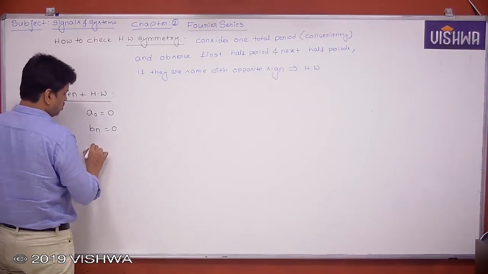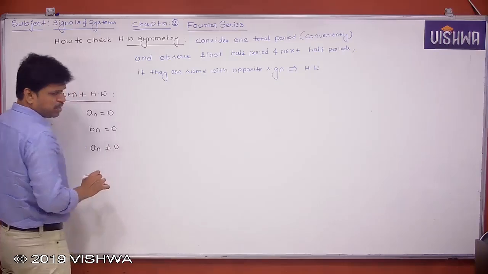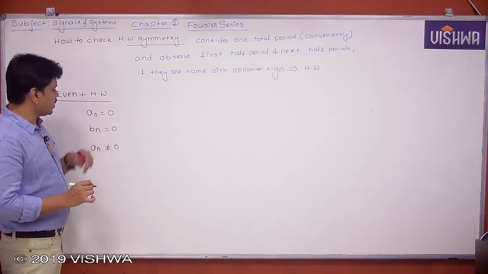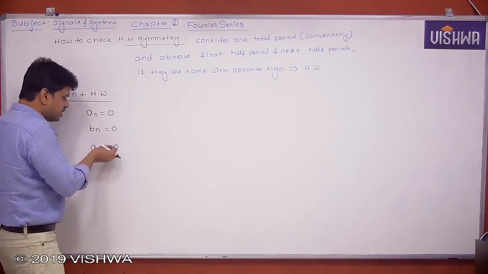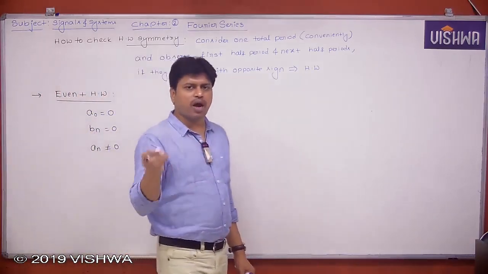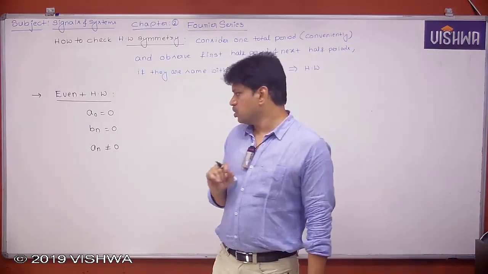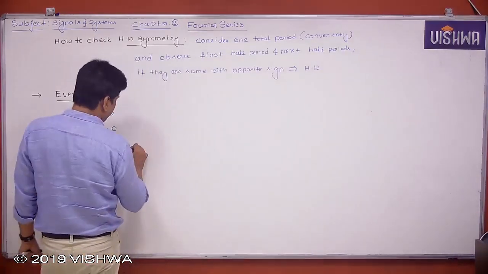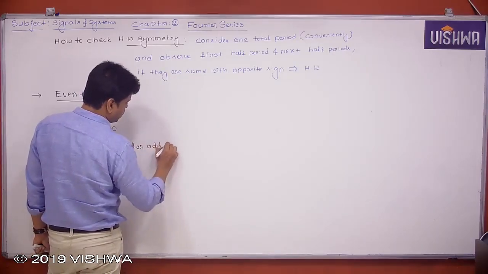Next, An only is present, not equal to 0. But I told you in half wave symmetry we are having only odd harmonics. So An is present, but that An value is present only for odd values of n and not for even values of n. So for odd n.